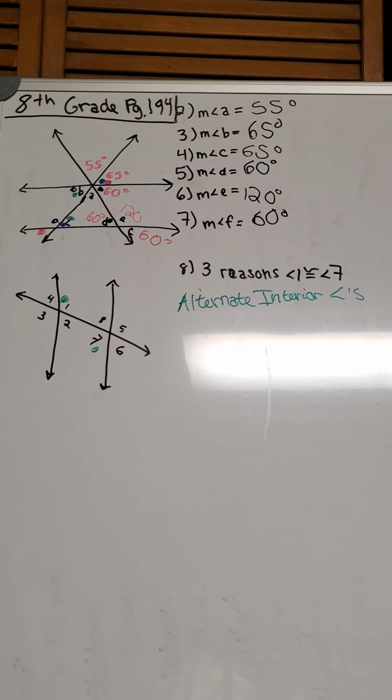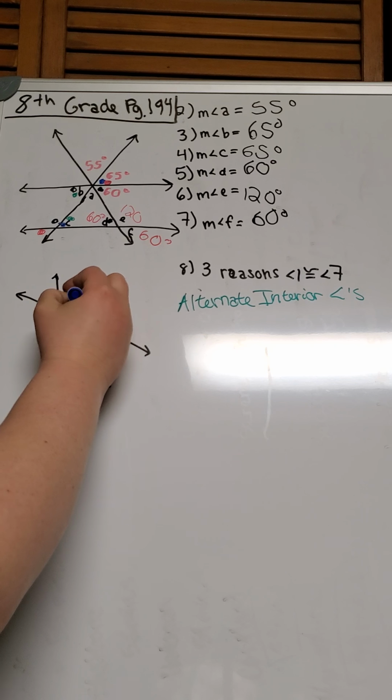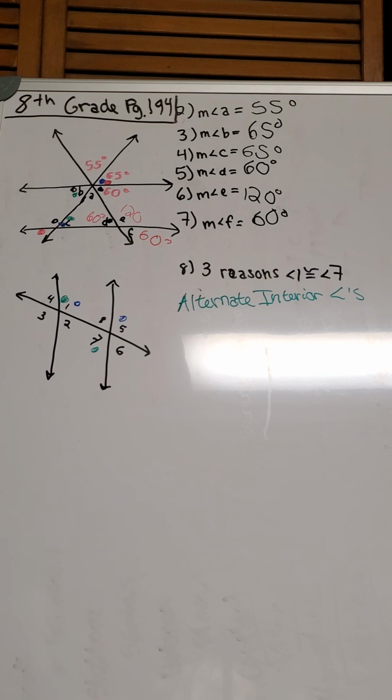So that's one way you can prove those two are congruent. Now we have to come up with at least 2 others. Something else you could think about: look at angle 1 and angle 5. Those are corresponding. 5 and 7 are vertical. Angle 1 and angle 5 are corresponding, both in the same location, the top right.